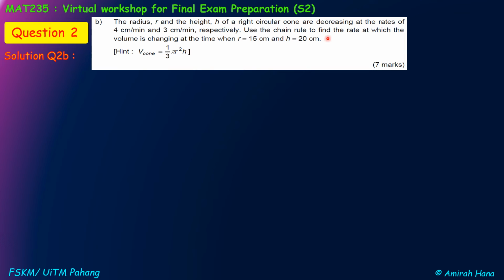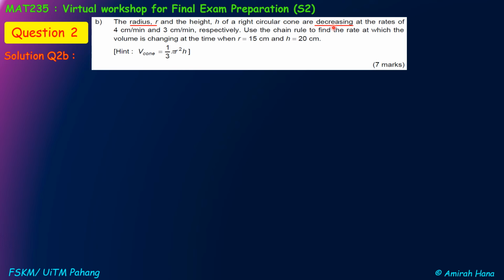Use the chain rule to find the rate at which the volume is changing at the time when r equals to 15 cm and h equals to 20 cm. 7 marks.